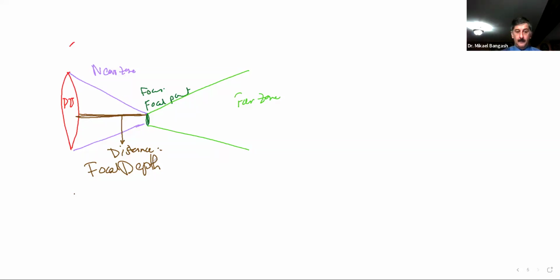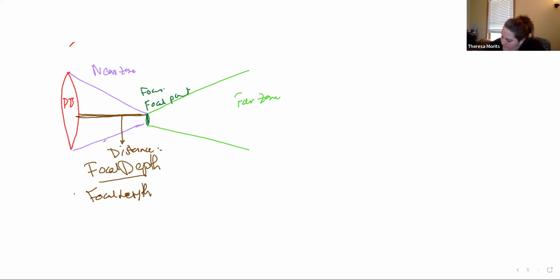You can either say the focal depth, or it can also be known as the focal length. Did you guys get that?